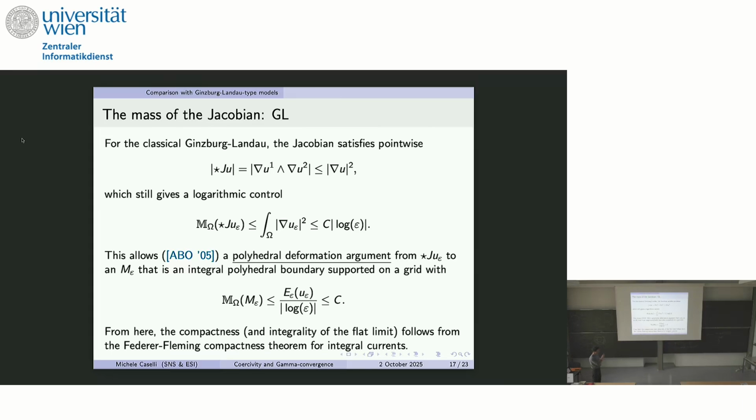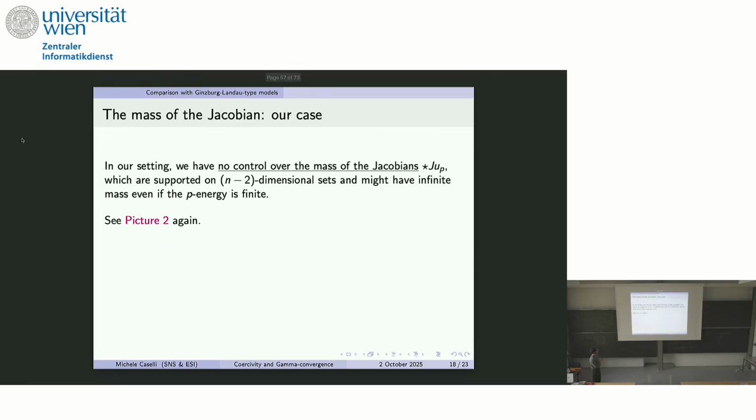So why did I tell you all this business about the mass of the Jacobians? Because one big difference between our setting and other models is that we have no control on the mass of the Jacobians, which are supported on n-2 dimensional sets, but might have infinite mass, even for fixed p.